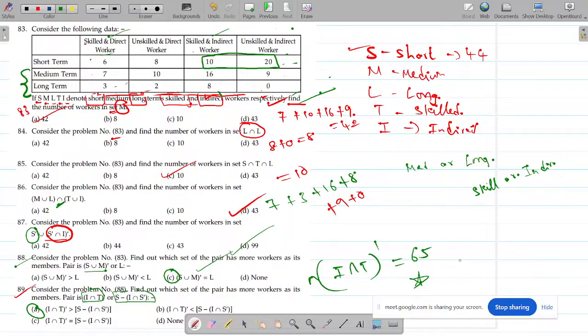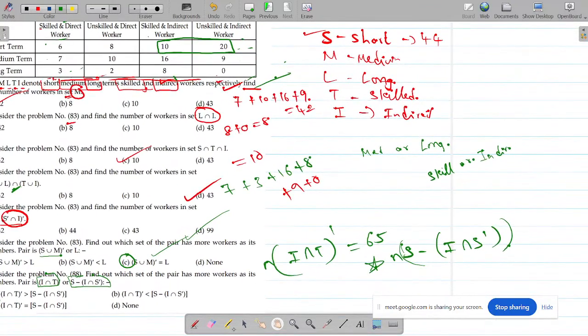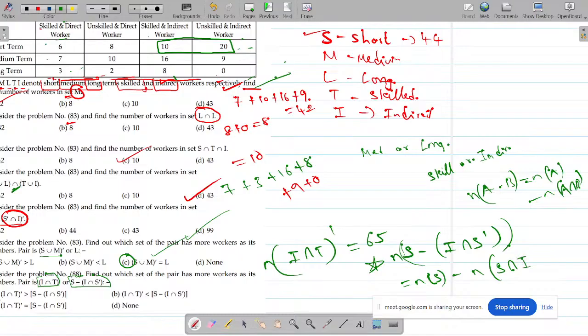But here I have S minus (I intersection S')'. Which means I have to consider n of S. Remember, n of A minus B is n of A minus n of A intersection B. So this is n of S minus n of S intersection (I intersection S').